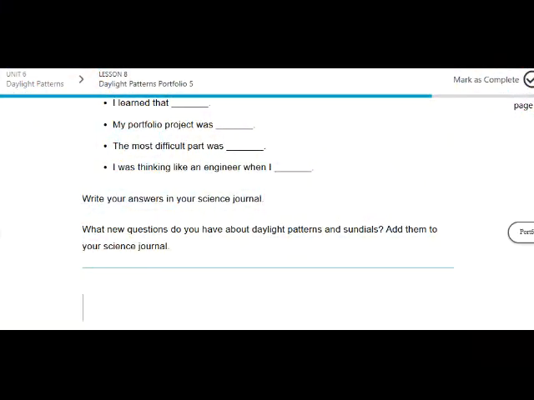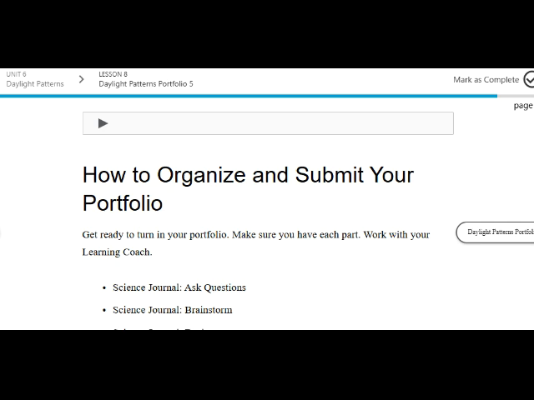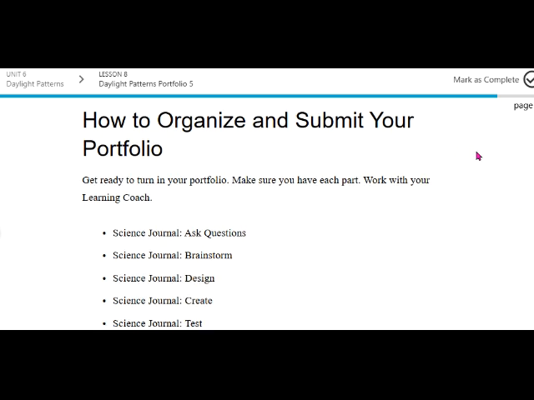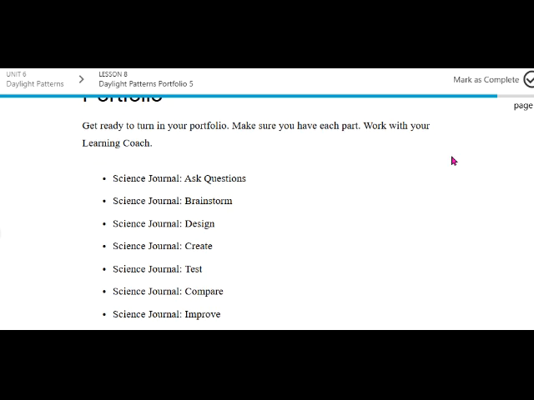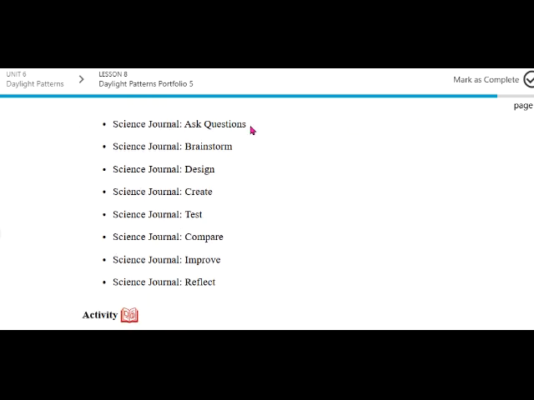All right, this is page 7. Here's page 8. This is the last page of your portfolio project. Get ready to turn in your portfolio. Make sure you have each part and work with your learning coach. So you should have the ask questions section, the brainstorming section, design section, create section, test section, compare section, improve section, and reflect section.